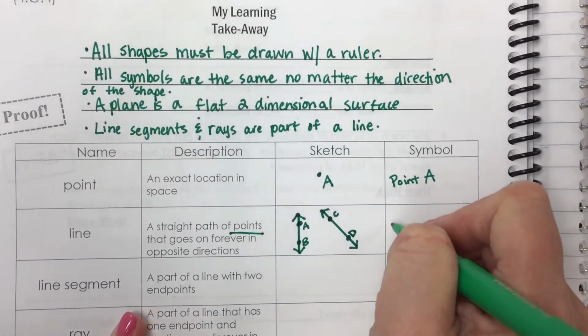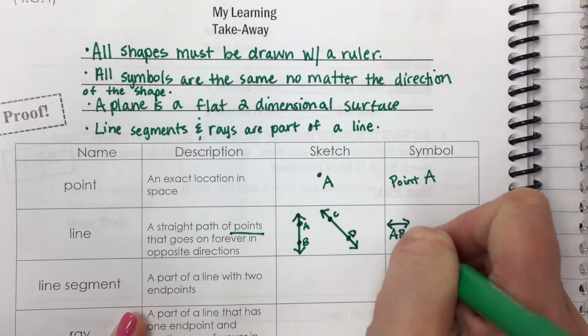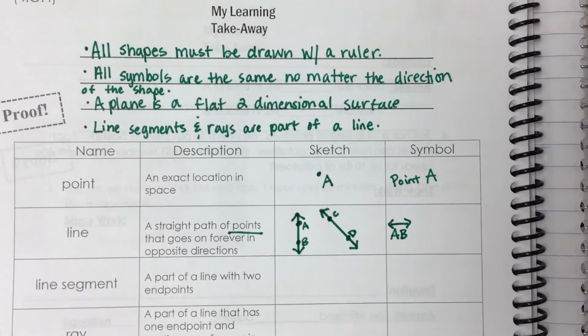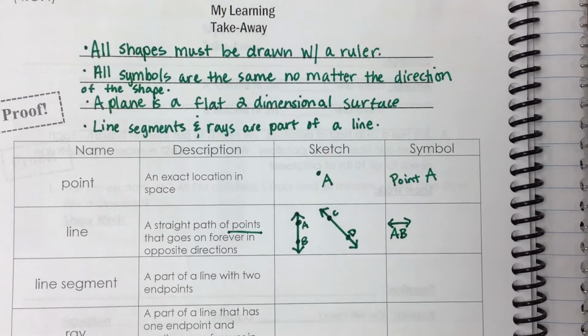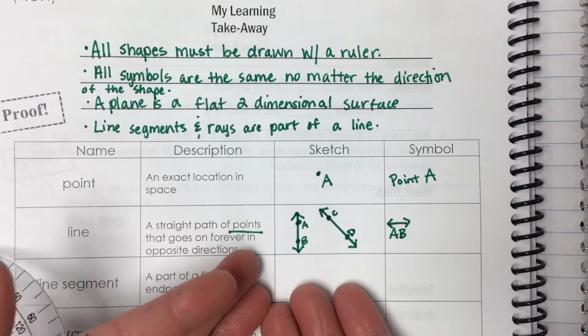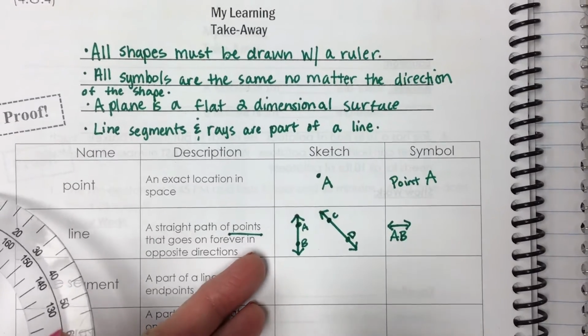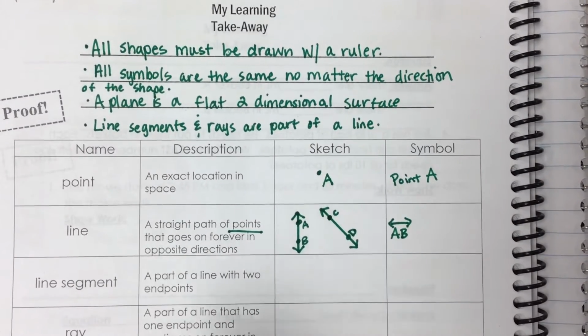The symbol is always going to be this. No matter if your line is vertical, horizontal, diagonal, your symbol is always horizontal. It looks just like an actual line, but listen, this is something important. On your symbols, we never put the points. We never put the points on a symbol.